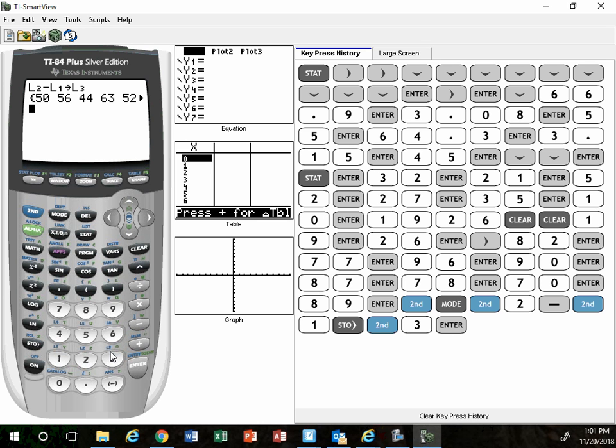Everybody okay with why we have to do L2 minus L1? Otherwise you're going to get negative. All right, so we now have our new values in L3. Store, yeah, the little STO key on the left there.